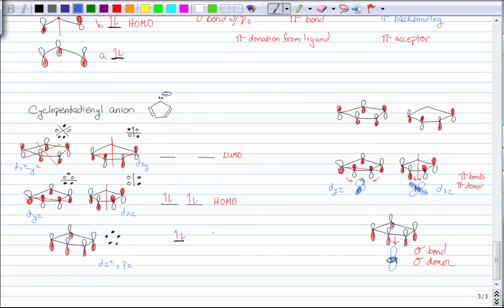And the 2 LUMO orbitals can interact with the dx squared minus y squared and the dxy, once again in a pi fashion. However, now these ligand orbitals are empty, and so it's the metal that is actually donating into the ligand, and so this is a pi back bonding interaction, and the ligands themselves are acting as pi acceptors.